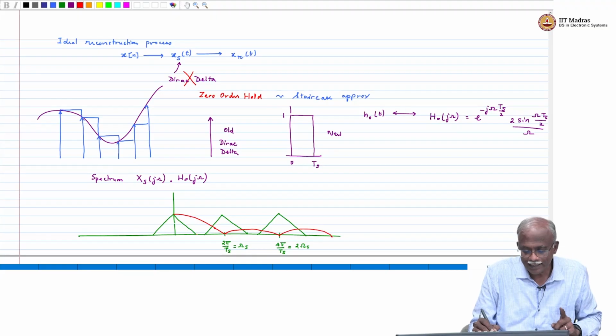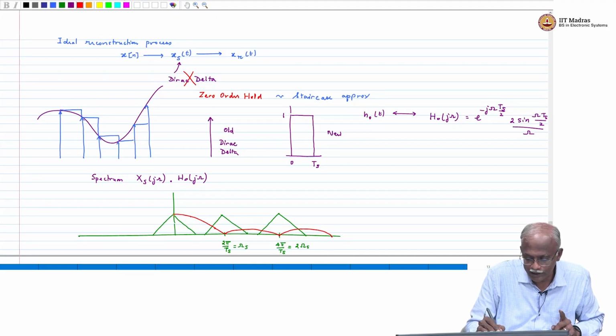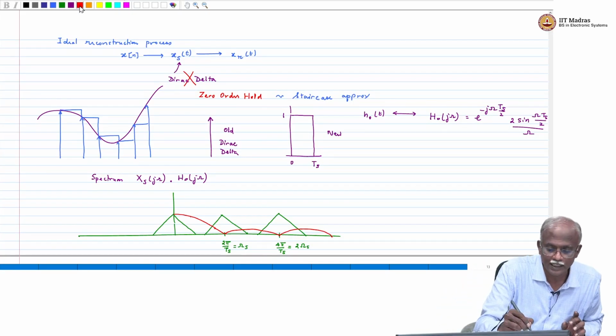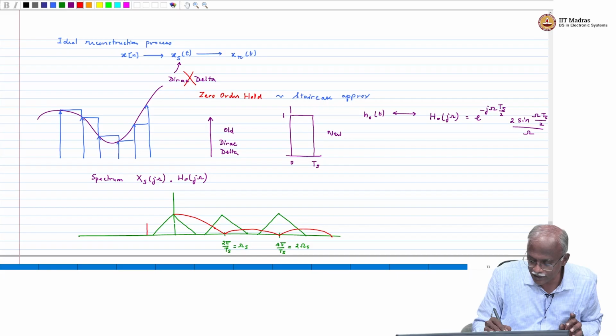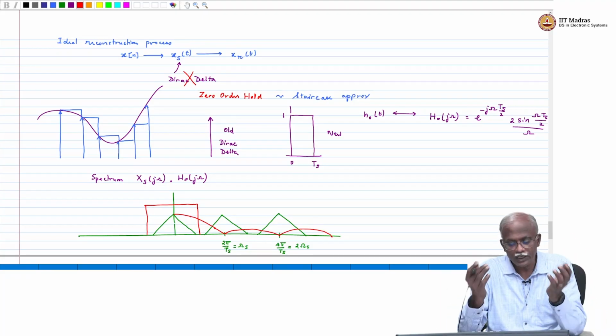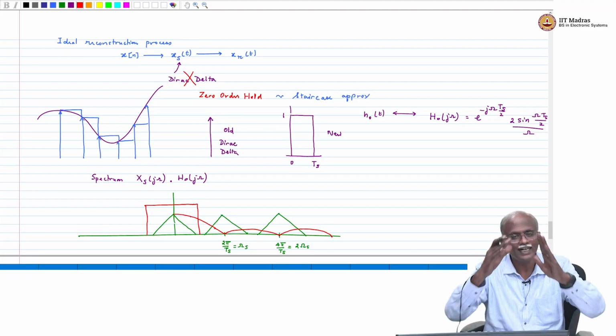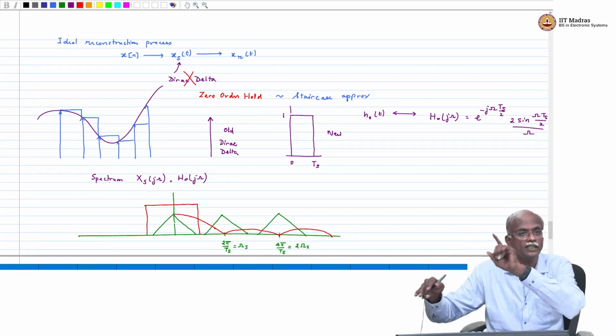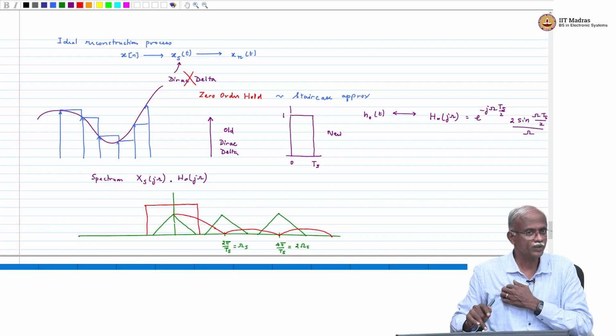However, it does something that is undesirable. Notice that it introduces a spectral distortion in your desired signal. So, originally your reconstruction filter would have been like this, a flat reconstruction filter. Now, when you do the reconstruction, you find that what you get is not the original one, but it has been distorted by the 0th order hold. Okay.